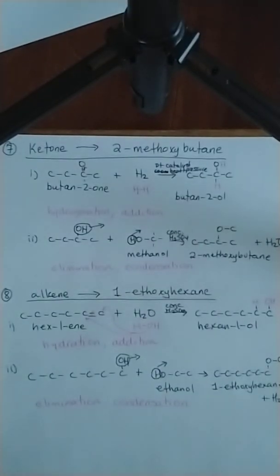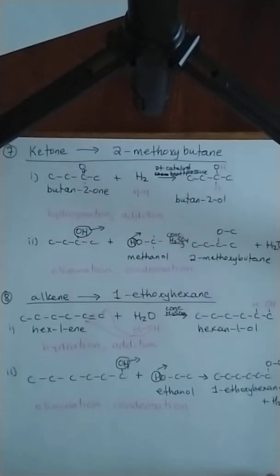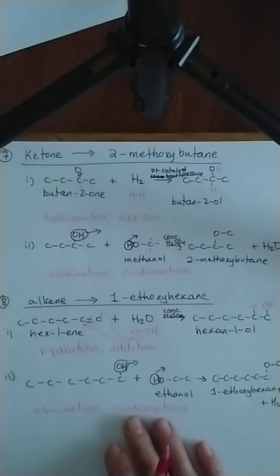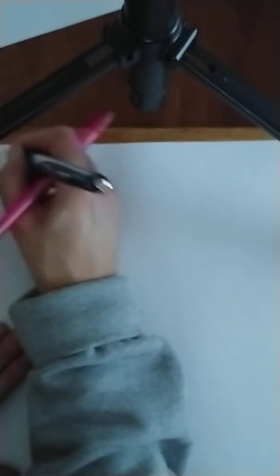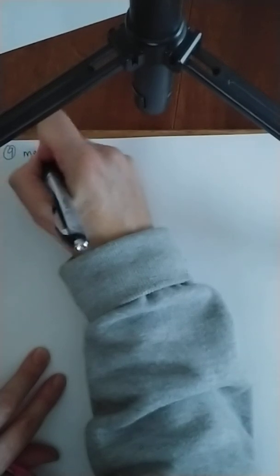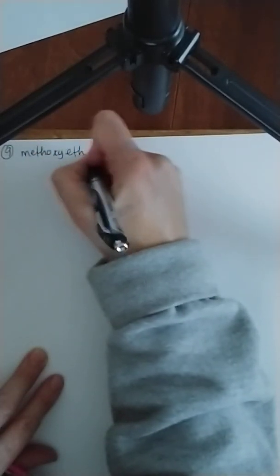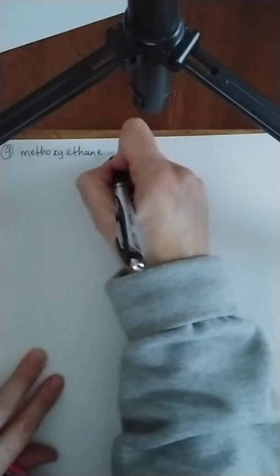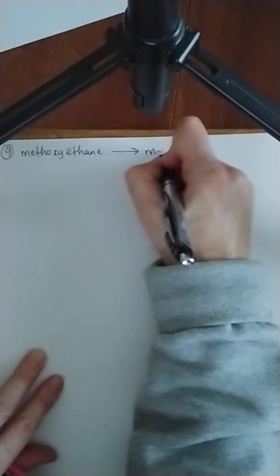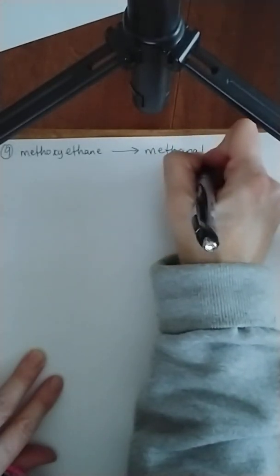Okay. All right. So let's go to number 9. In number 9, we're going to take methoxyethane, which is an ether, and we're going to convert it into methanal, which is an aldehyde.